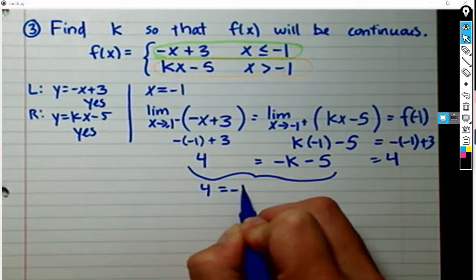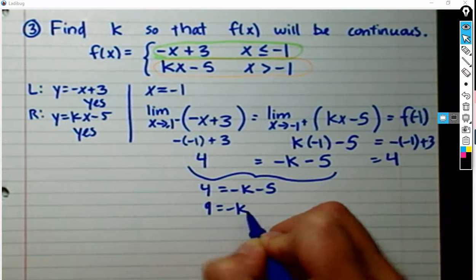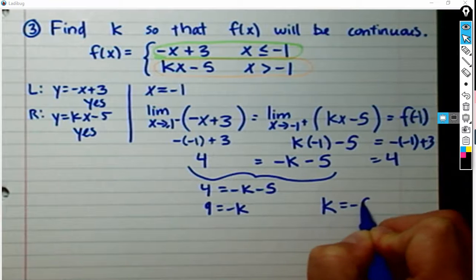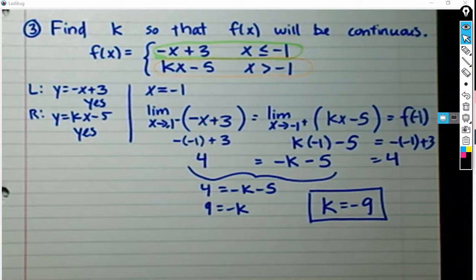So 4 equals negative k minus 5. I'm going to add 5 to both sides, and I'm going to say k equals negative 9. And then I'm going to give you a little visual in Desmos on what we just did here. Okay, so I'll let you write it.